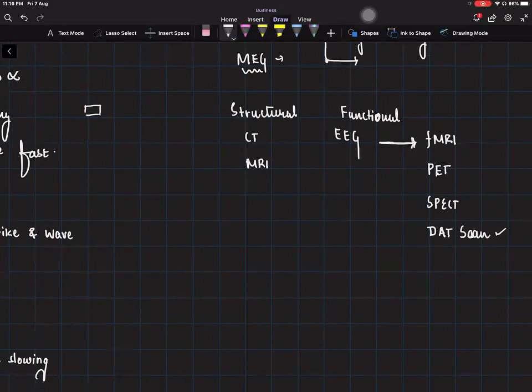So you could say that EEG was essentially the first functional brain scan, and it is used in ECTs. The different uses of EEG: it's used in ECTs to check the duration of the seizure that the patient has had, because you're already giving the patient pentothal and a muscle relaxant.